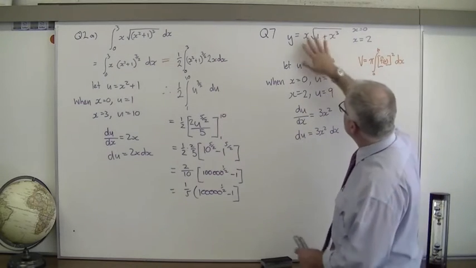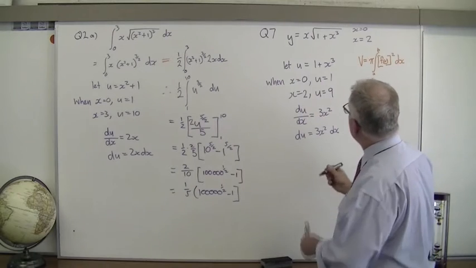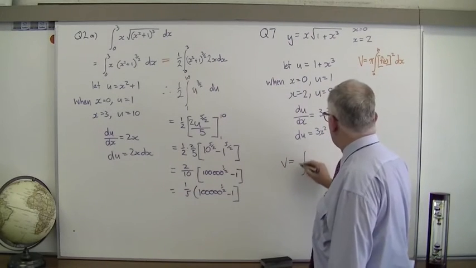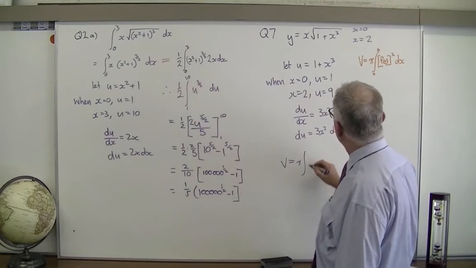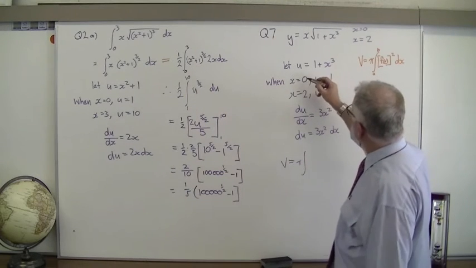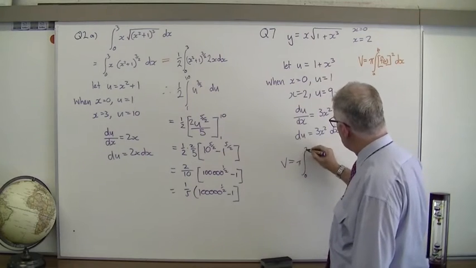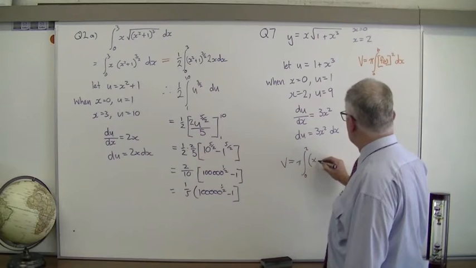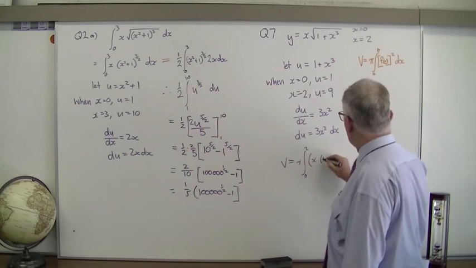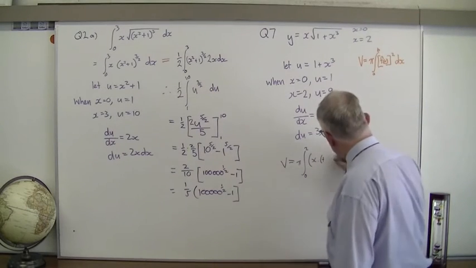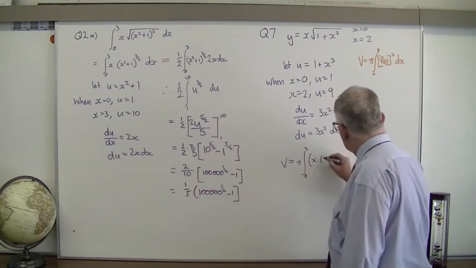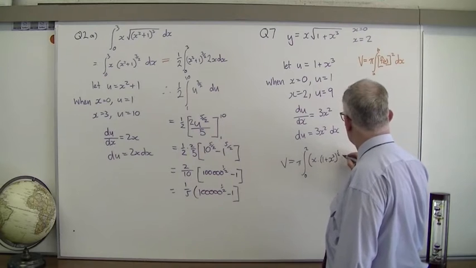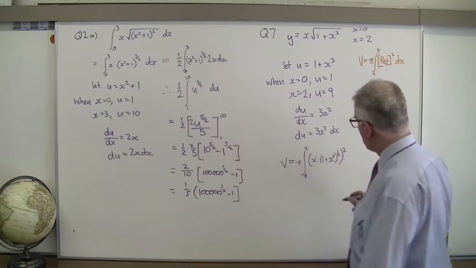In this case, the volume is going to equal pi, outside of the integral from 0 to 2 of [x times (1 plus x cubed) to the power of a half], all squared.